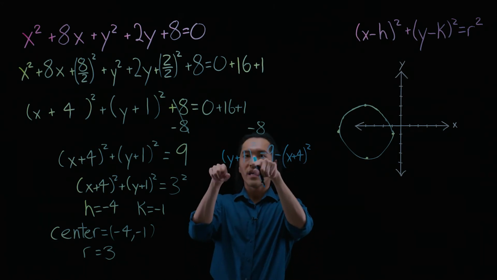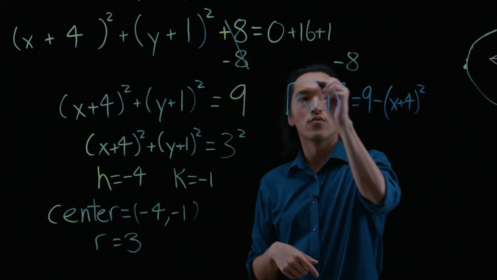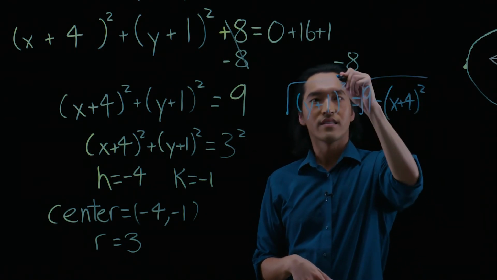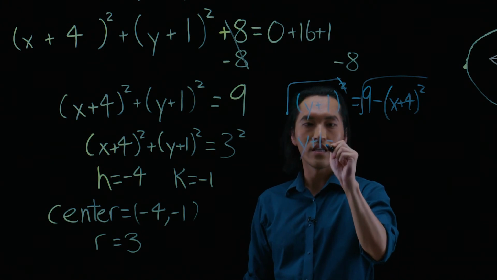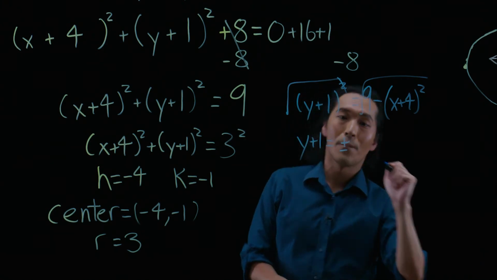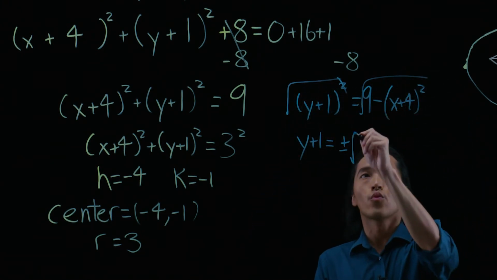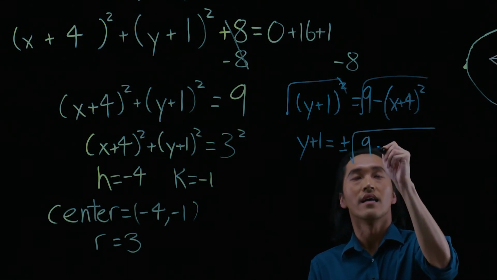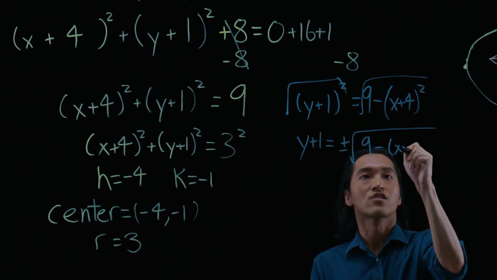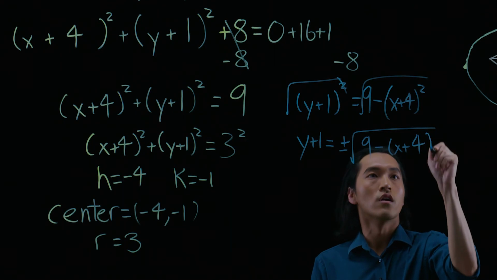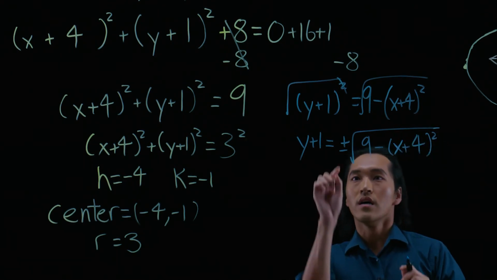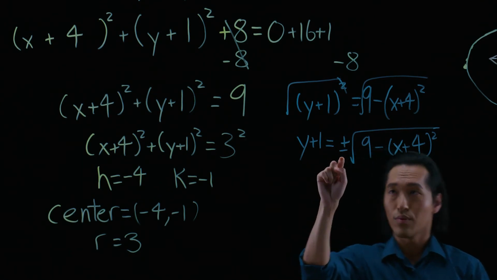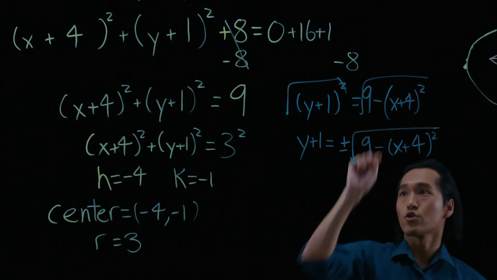And then in order to get rid of the square, we have to square root both sides, right? This cancels it out. So then we're left with y + 1 is equal to plus or minus the square root of 9 minus (x + 4)², right? Remember, we have to add the plus or minus whenever we take the square root of both sides.